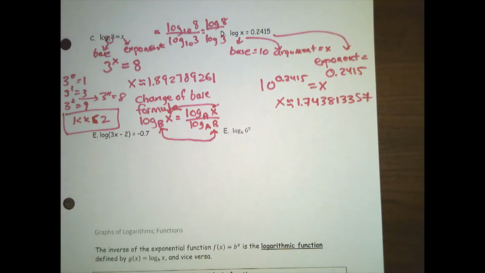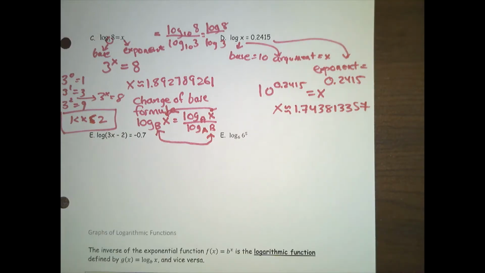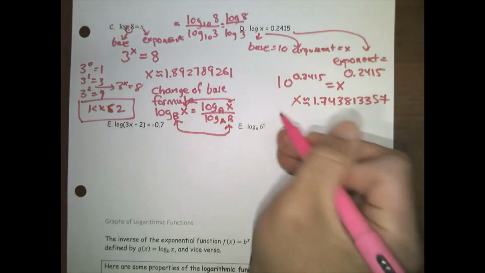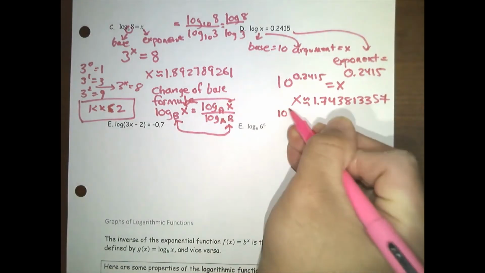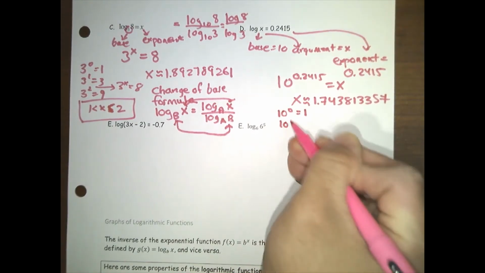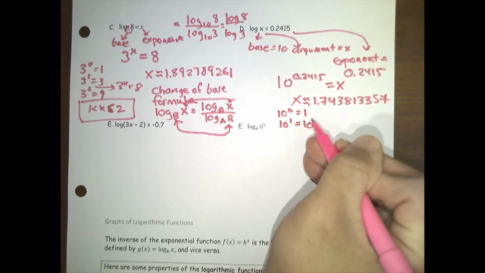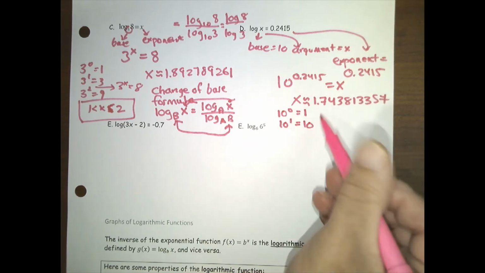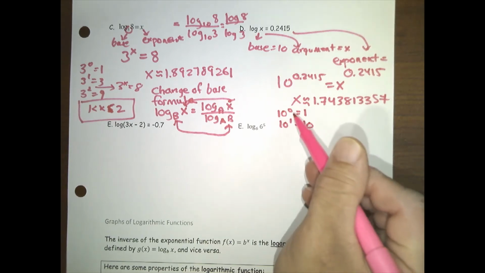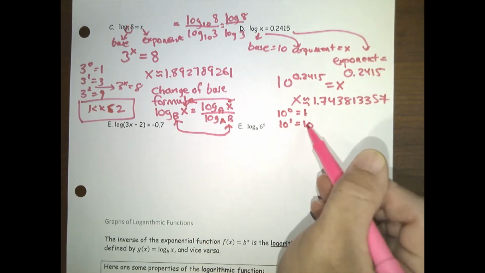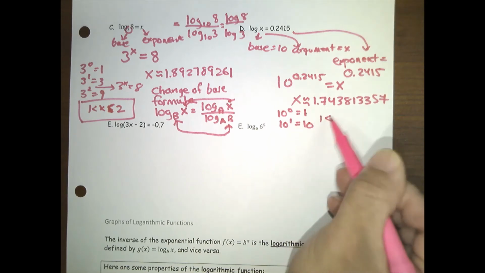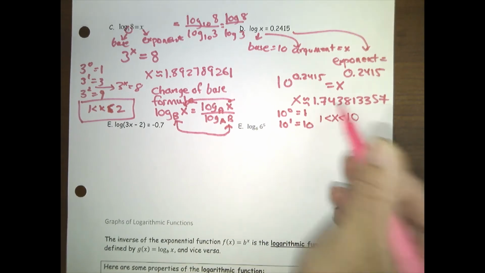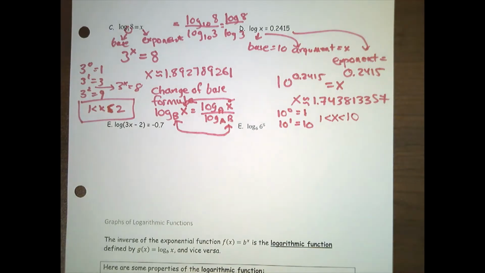All right. So again, that should make sense because 10 to the 0 power was 1, and 10 to the first power was 10. So 10 to the 0.2415 power should be somewhere between 1 and 10. All right, so it was 1.743813357, about that amount right there.